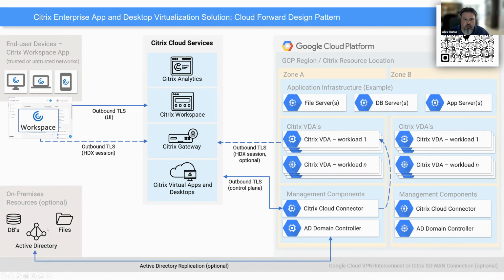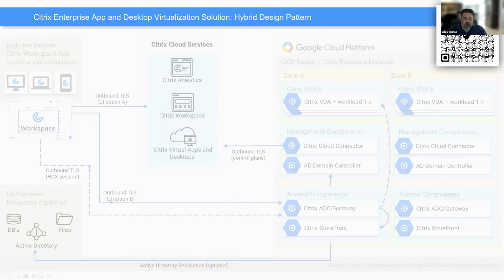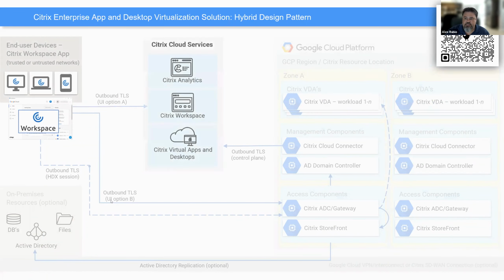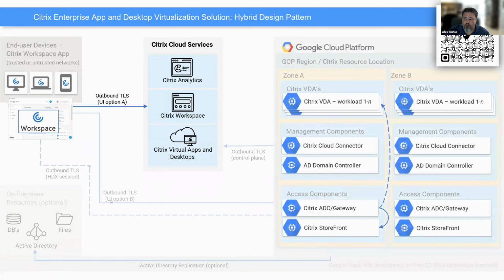So if you still have workloads or apps on-prem, you can create those types of connections to come back to that. What we see is a lot of our customers are still in this hybrid pattern, where you have your clients still connecting to Citrix Cloud.